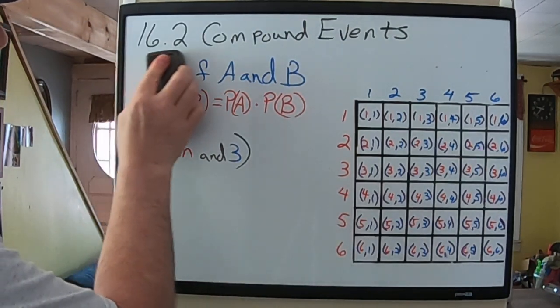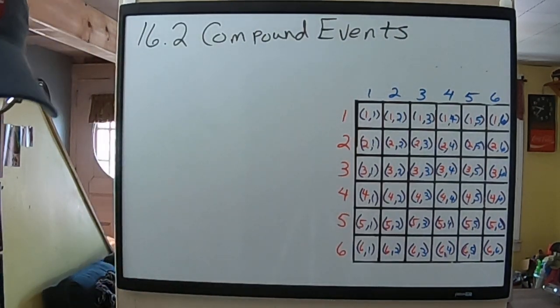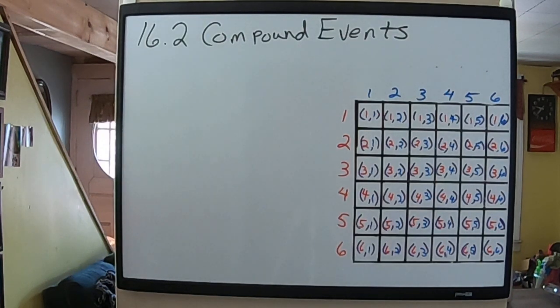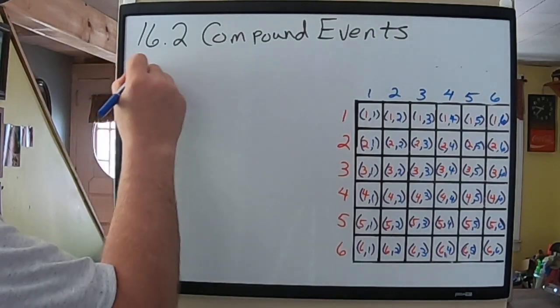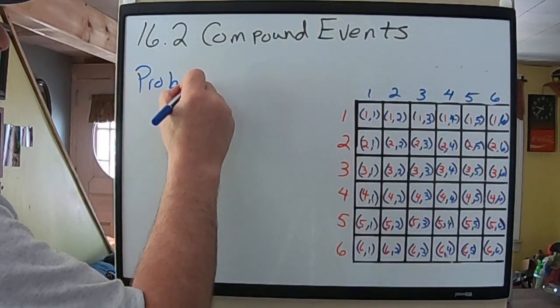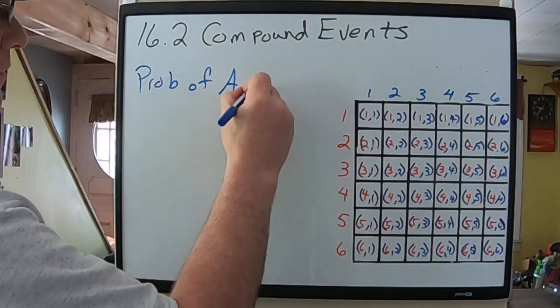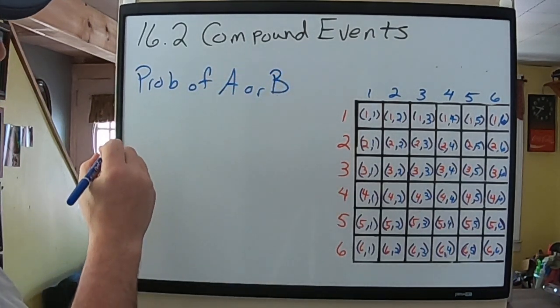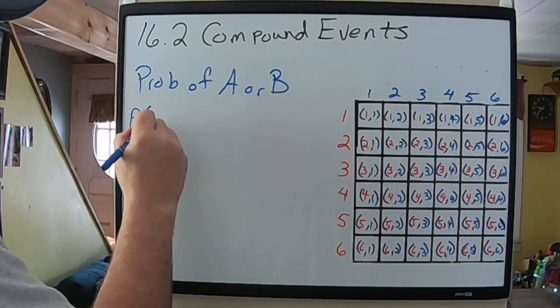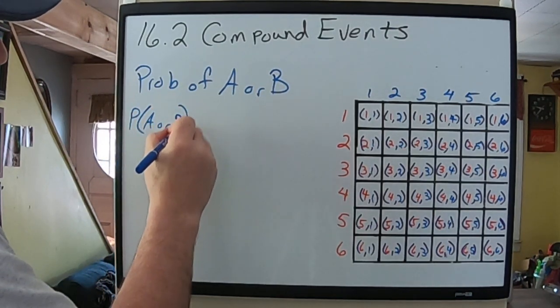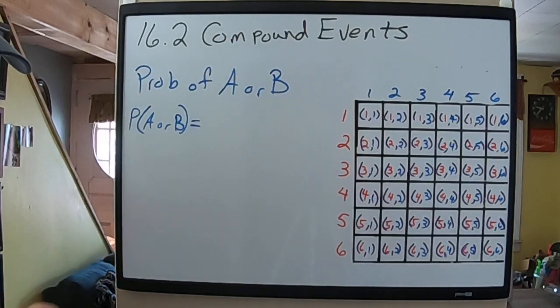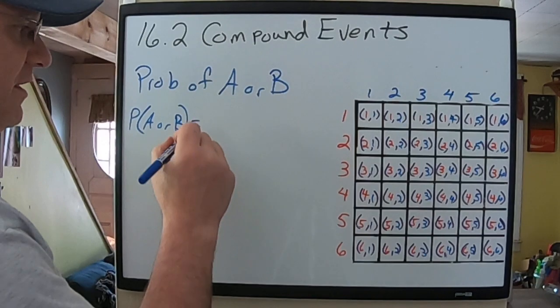What about or? Now these are somewhat dependent, like they can overlap. So probability of A or B equals, now this is going to be dependent on something else, but let me show you what the formula is.